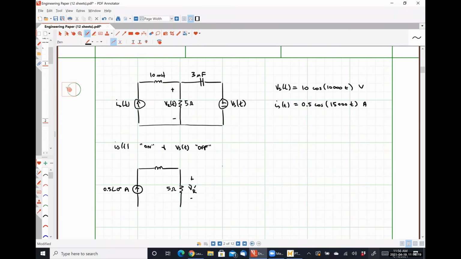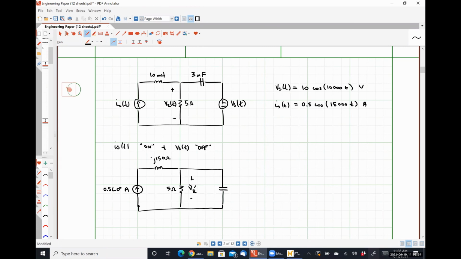And then because our voltage source is off, I'm going to move my capacitor over here. It's still connected to my resistor. But now, because my voltage source is off, it looks to be in parallel. And so while we're at it here, my frequency is 15,000. So I'm going to have 15,000 times 10 to the minus 3. So this is going to look like positive J 150.